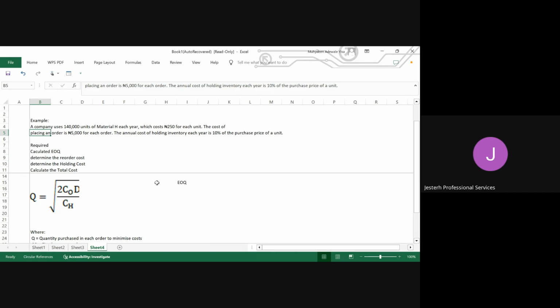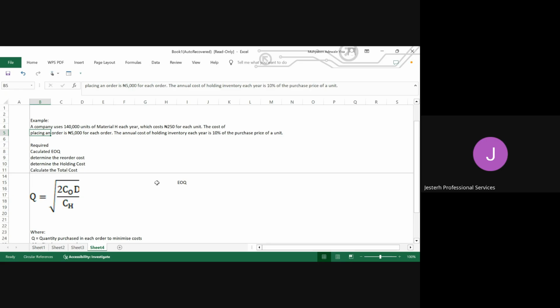It means each of the units of this material costs 250 naira per unit. And then the cost of placing an order is 5,000 for each order. Now, for the company to place each order for this material H, they need to spend 5,000 for each order.